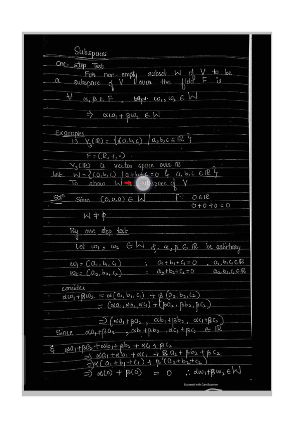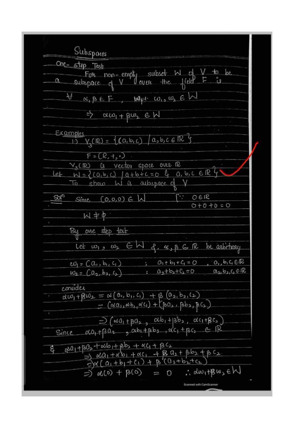So the condition is satisfied. That's why (0, 0, 0) belongs to W, because 0 is a real number and it satisfies this condition. So W contains the identity, and W is non-empty.